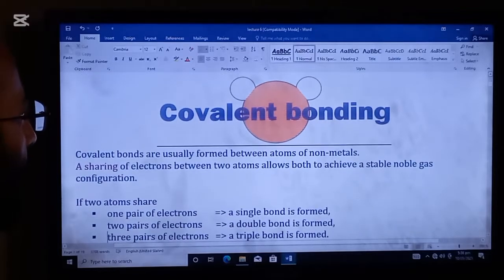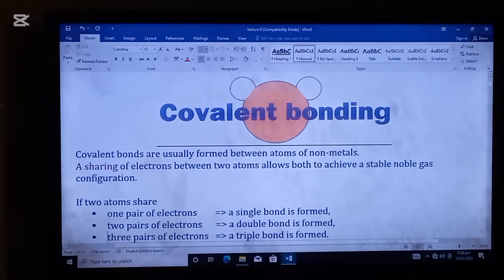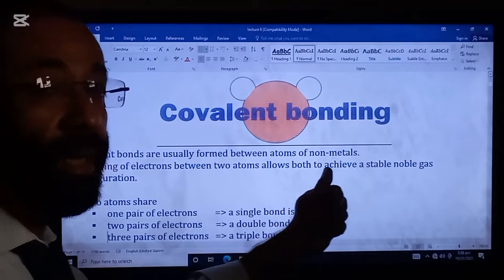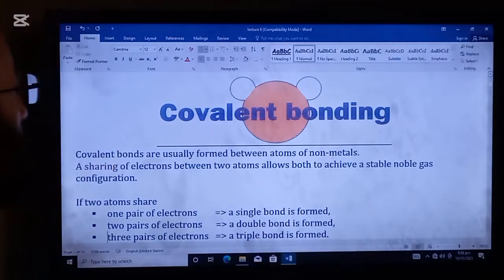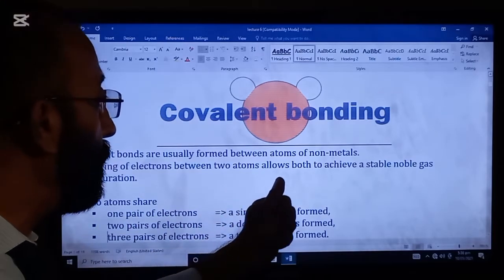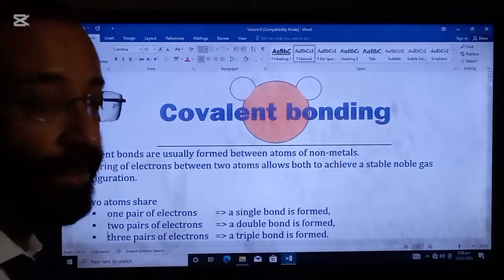Next topic is covalent bonding. Covalent bonds are usually formed between atoms of non-metals. A sharing of electrons between two atoms allows both to achieve a stable noble gas configuration.